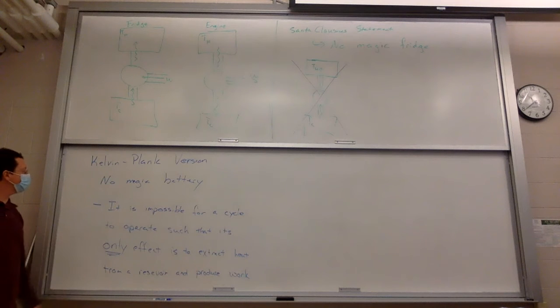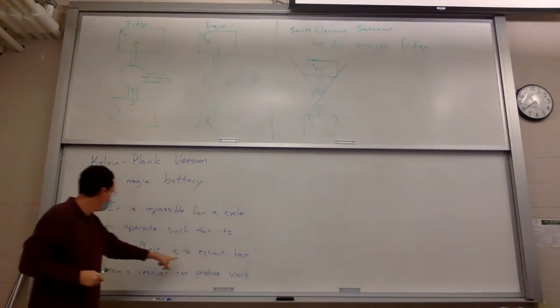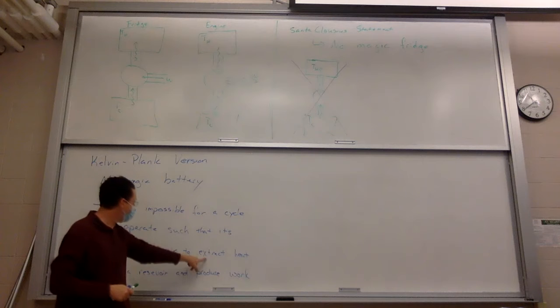Well, why doesn't it break the second law, the Kelvin-Planck second law? It's not only extracting. Extracting means pulls out, so that pulls heat out of the reservoir. What else does that do? Does it only pull heat out of the hot reservoir? This one extracts heat.